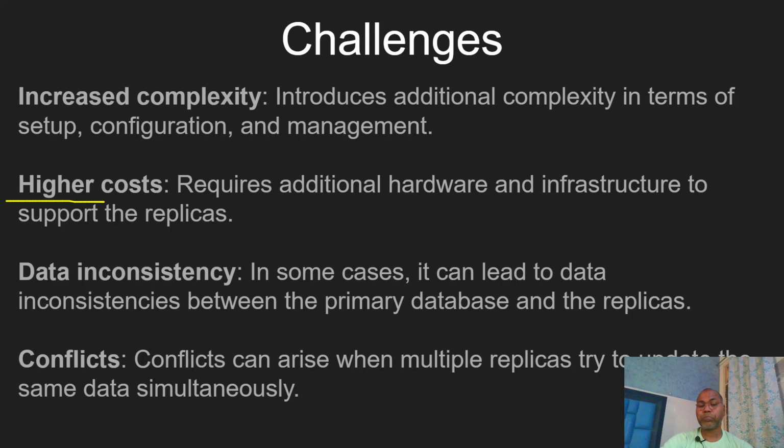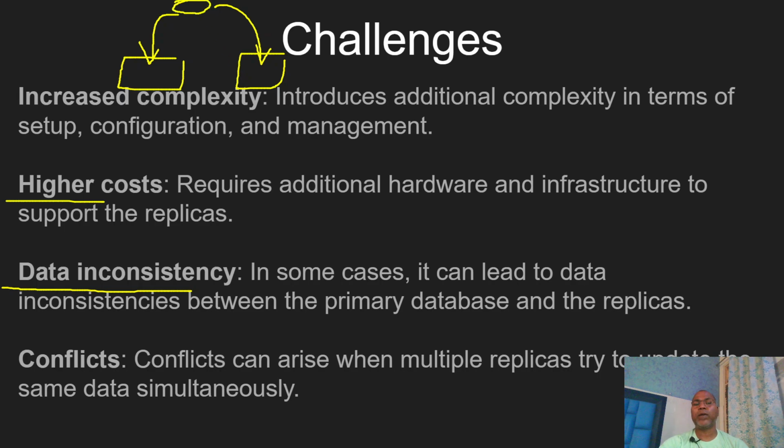The other challenge is data inconsistency, because now the same data you are splitting into multiple databases, multiple regions, multiple locations. So what happens? Maybe one user is accessing data from here, and suddenly from a different location someone accesses the same data, maybe a particular user profile, in multi-tenant applications.